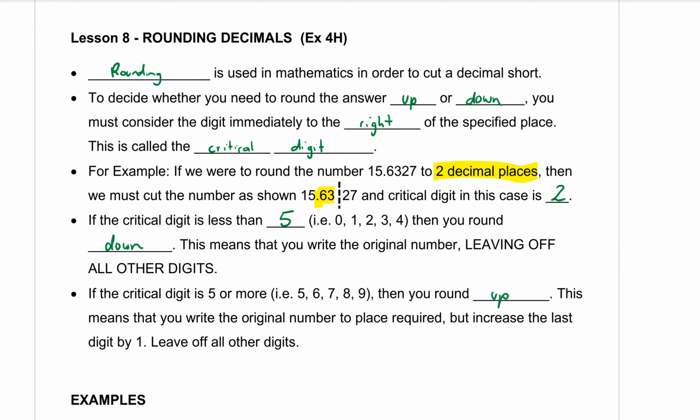This means that the number that is right in front of the line needs to round up by 1. So if that had to round up, that 3 would become a 4. But this one doesn't, because my critical digit is less than 5, so it would round down and just chop those decimal places off. So let's practice rounding.